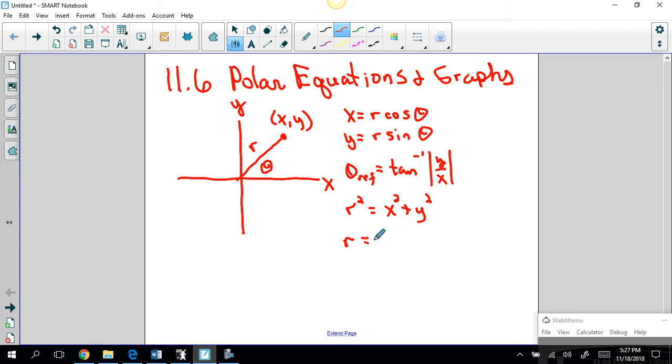But here's the difference. r is plus or minus the square root of x squared plus y squared. A negative radius does exist in this realm. But this realm is the real realm. It just kind of coincidentally works. So it's just a different way of plotting points.